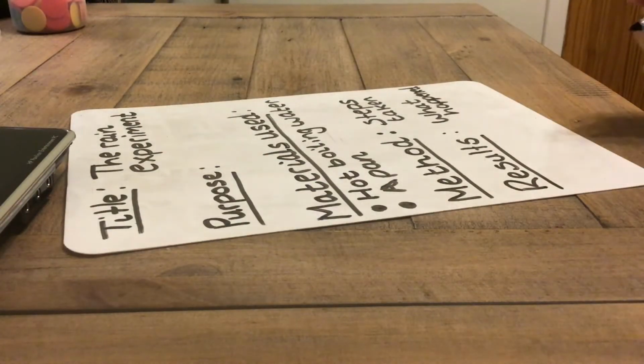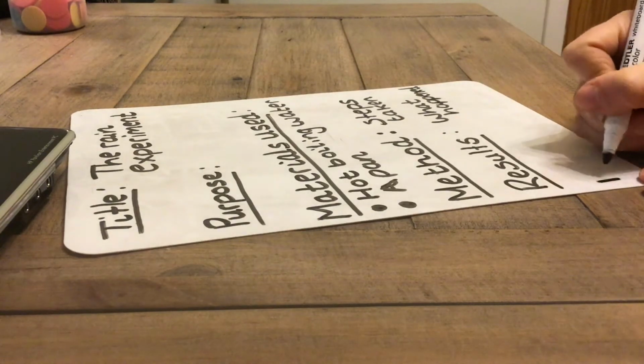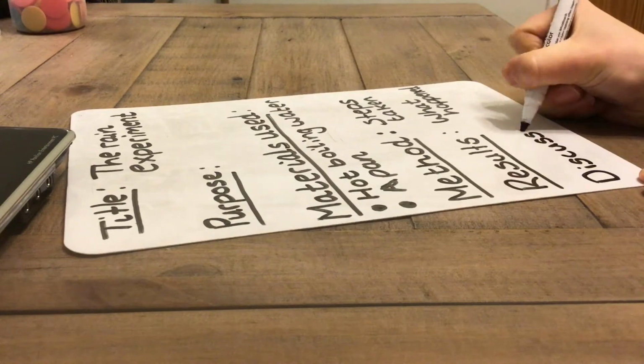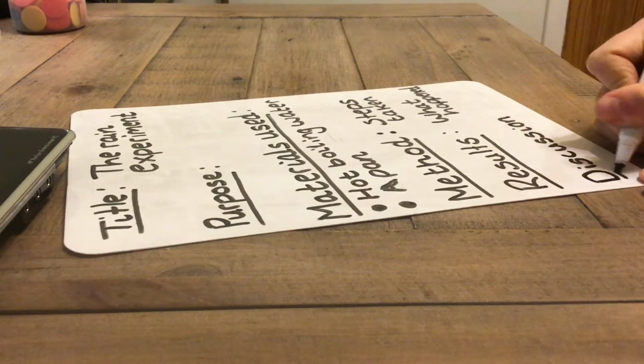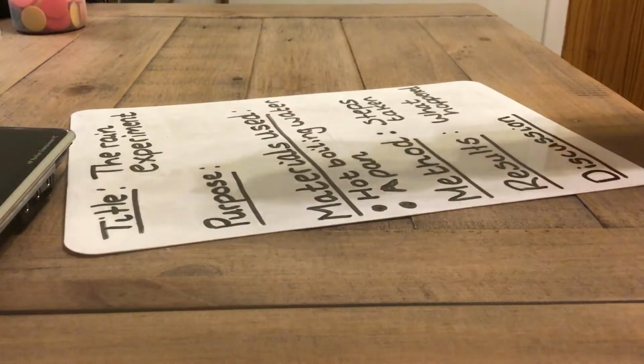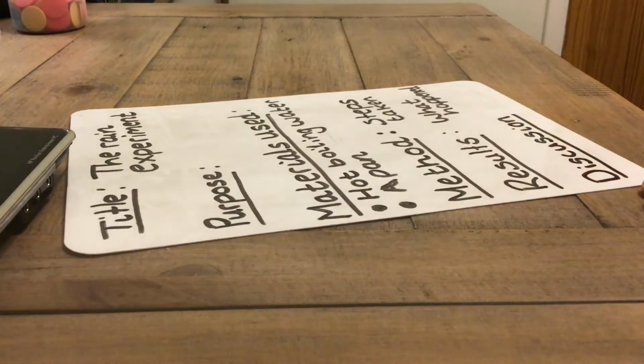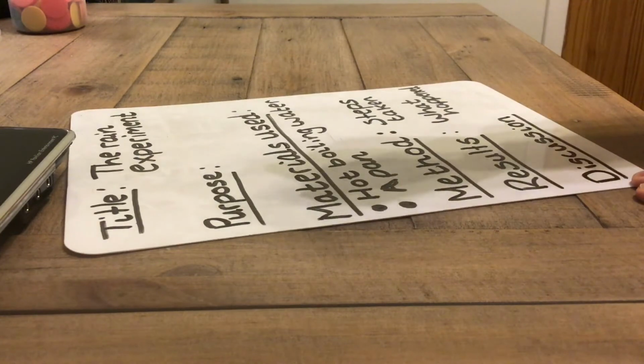Now you will then have the discussion. I've missed a title here because I'm going to do a full video of it, but I will need to go over that just now to explain what to do in the discussion.